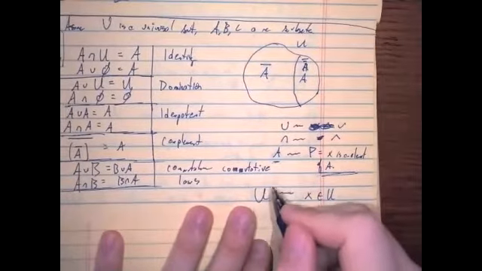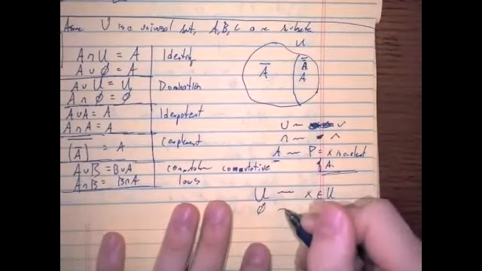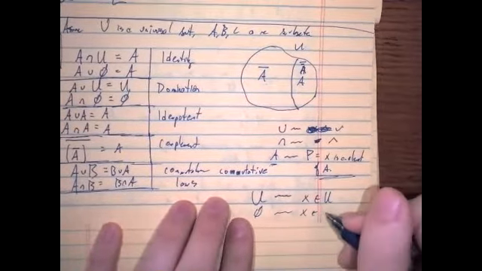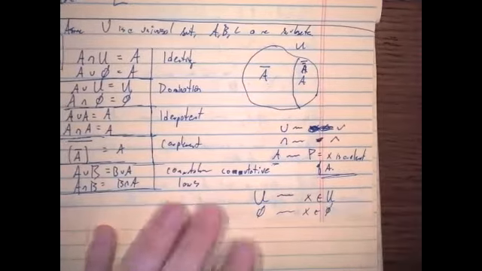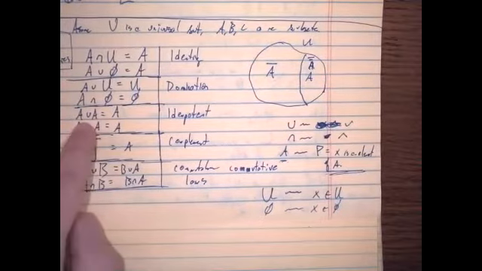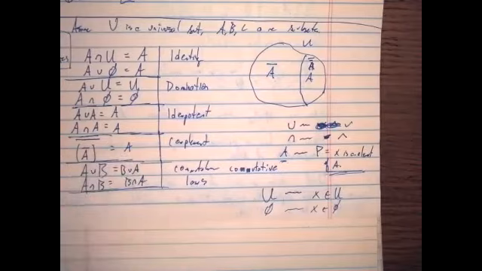So U goes to true, and the empty set goes to false, because the statement X is inside the empty set is always false. Then A union A would go to P or P is equivalent to P, and P and P is equivalent to P.